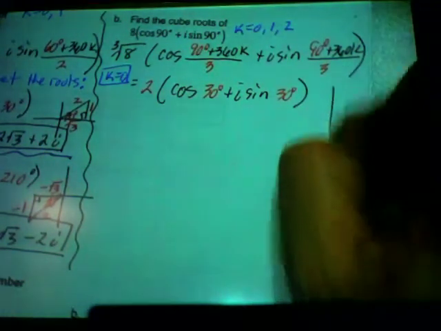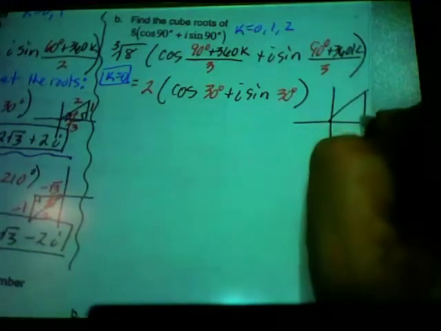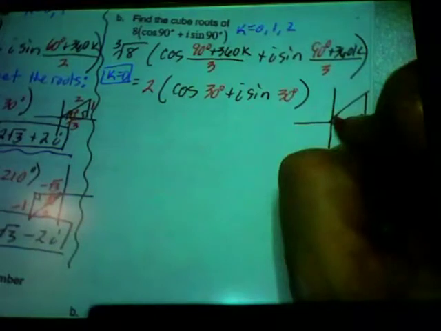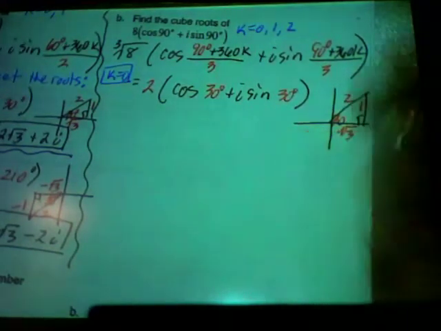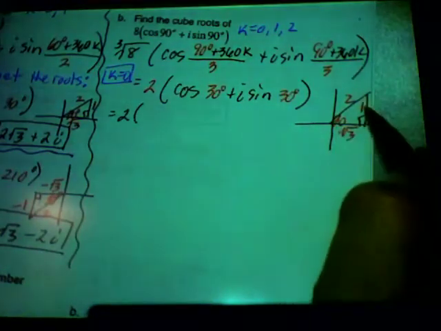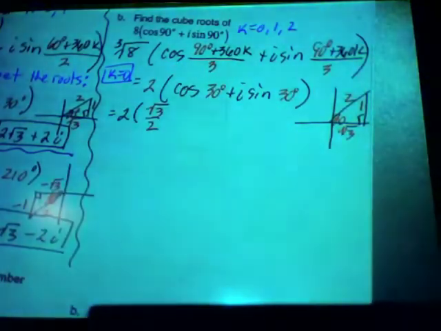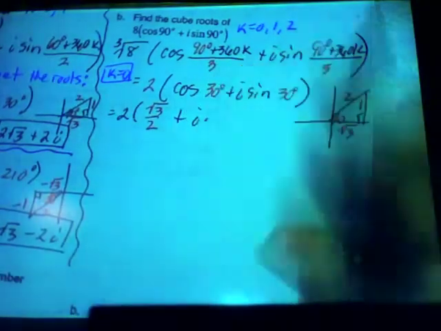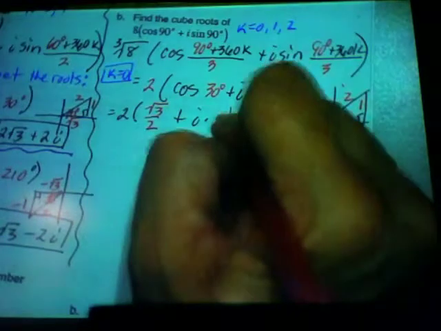So find out where 30 degrees is. So I have 1, radical 3, and 2. So then I get 2 times cosine of 30, adjacent over hypotenuse, rad 3 over 2, plus i times, your sine is opposite over hypotenuse, 1/2.